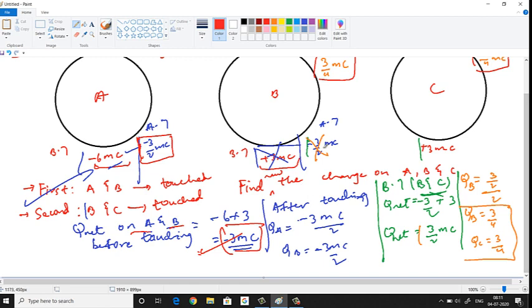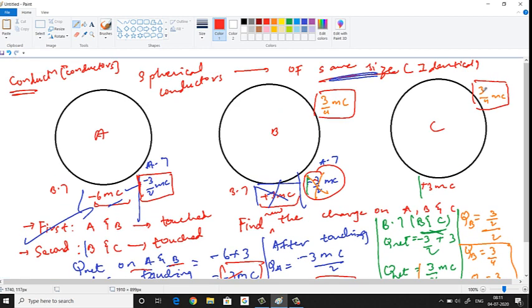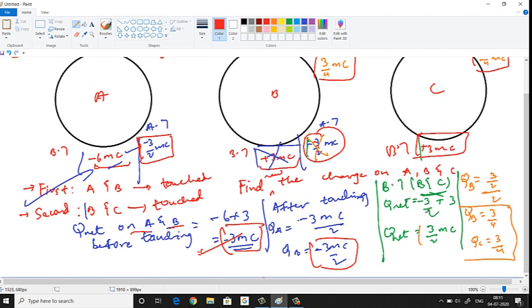Then after that, what is the new charge on B? The new charge on B was minus 3 by 2 millicoulombs, right? Then it was touched with C. Right now, what is the charge on C before touching? Before touching, the charge on C was 3. So find the net charge for that also. So minus 3 by 2 plus 3. So you'll get net charge is equal to 3 by 2 on B and C together.